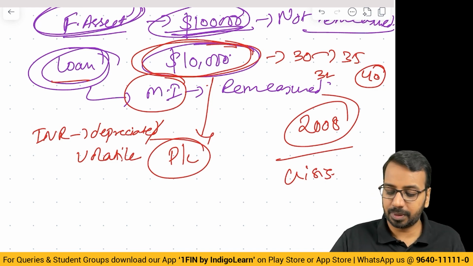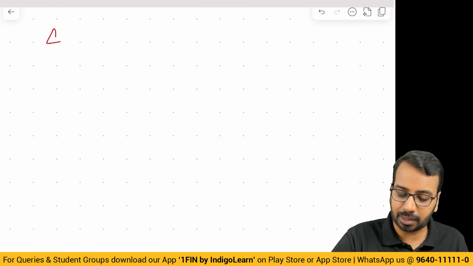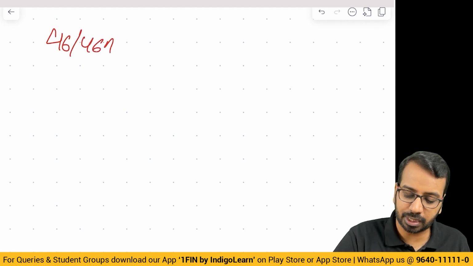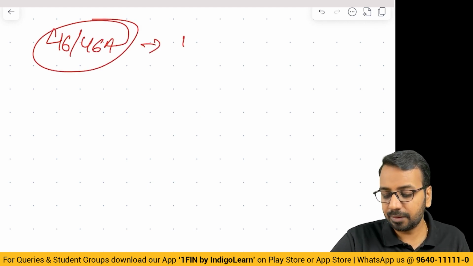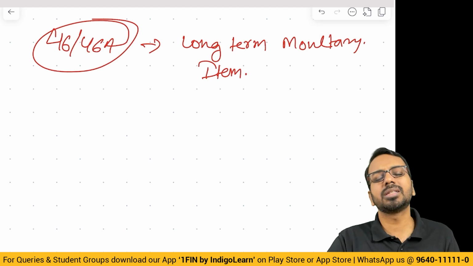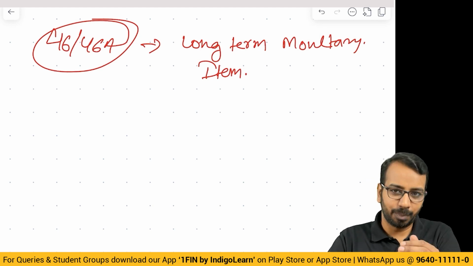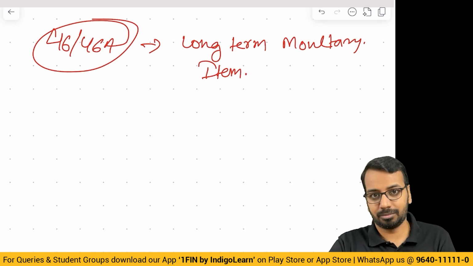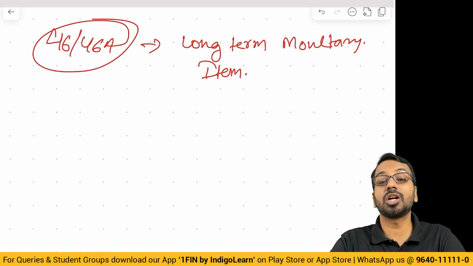So the government introduced one paragraph called 46A subsequently and said that if there is a long-term monetary item, what is the meaning of long-term monetary item? Maybe I have a loan taken, it is a long-term loan.